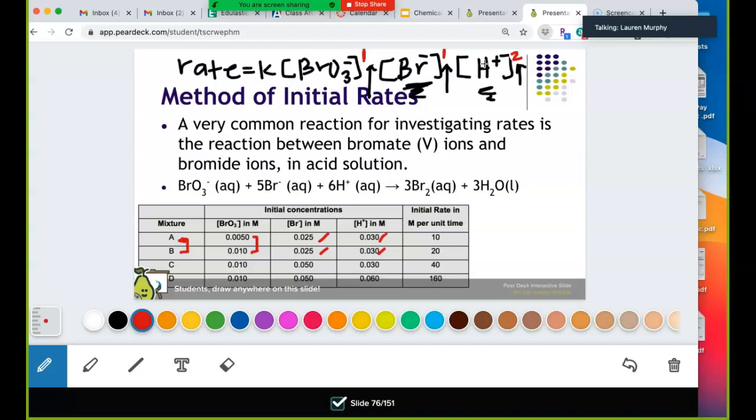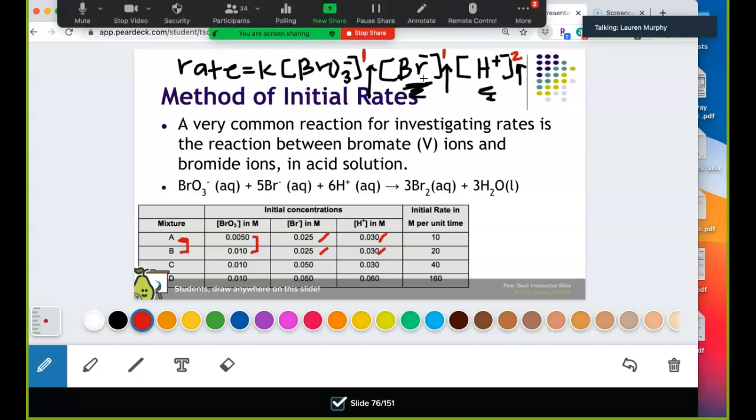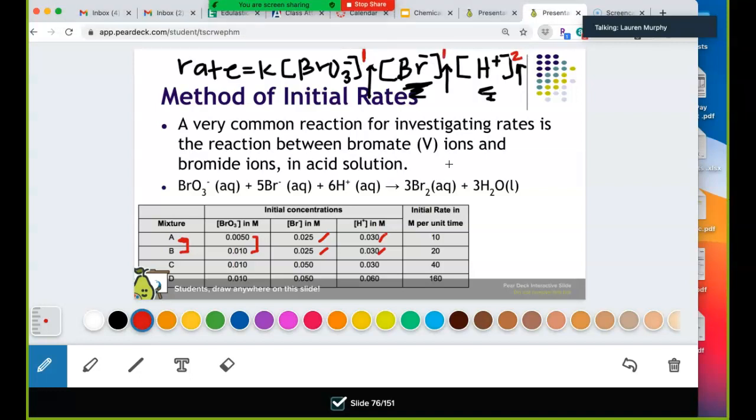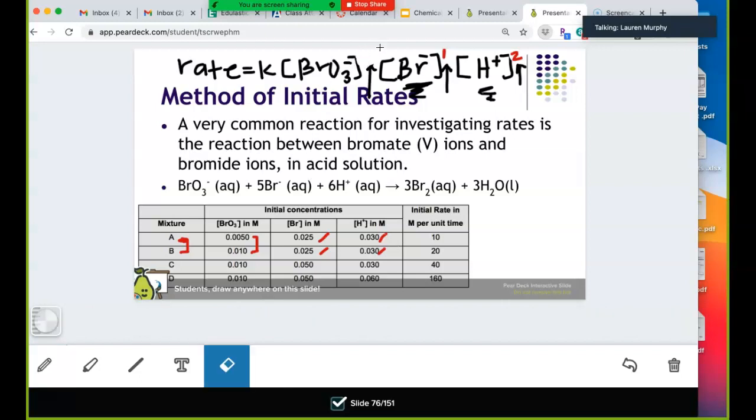That's what it means to be second order. So this is my rate law. Rate equals K, the concentration of bromate, the concentration of bromide, and the concentration of hydrogen raised to the second power. Now, I'm going to get rid of these. You don't really see ones written in rate laws. Writing the substance itself implies that there's one of them.